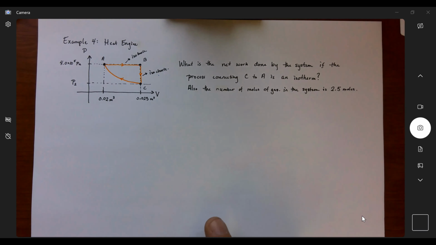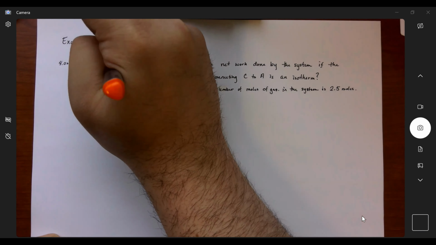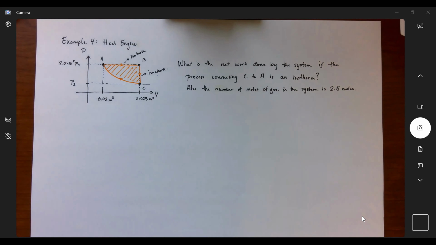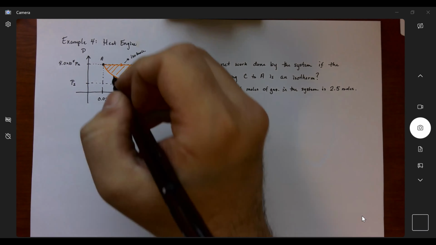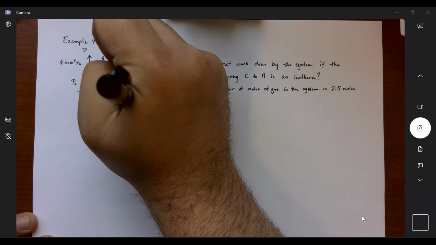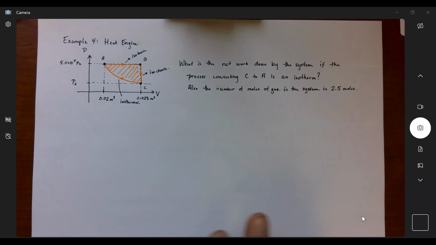All right. So again, we're finding the work, and again, that's going to be the area under this curve. And we defined that this was an isothermal process or isothermic.